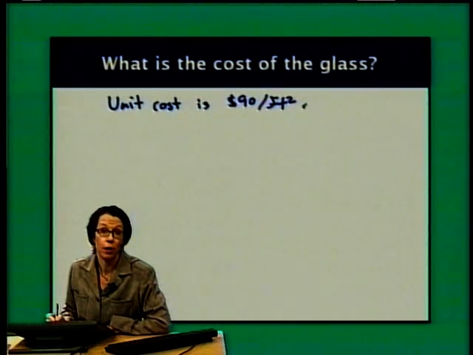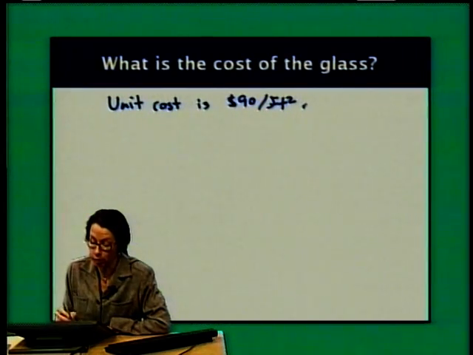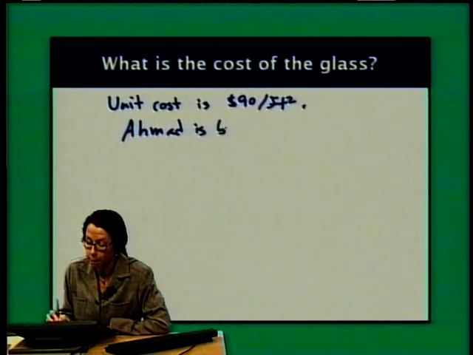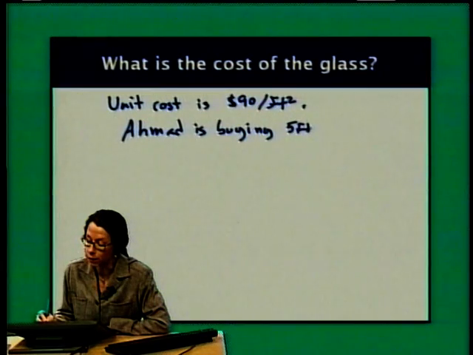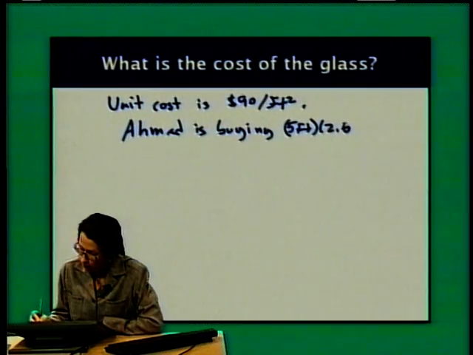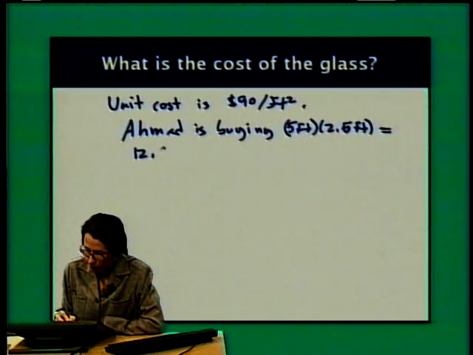So we need to figure out how many square feet of glass Ahmad is buying. Well, we just need to calculate the area of that rectangle. So Ahmad is buying 5 feet times 2.5 feet, which is 12.5 square feet of glass.